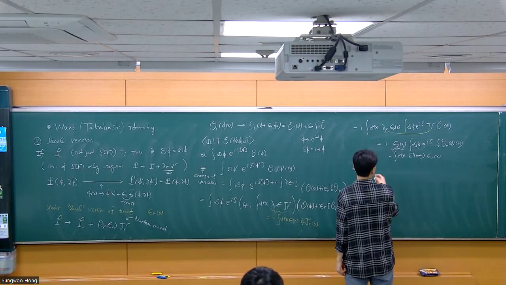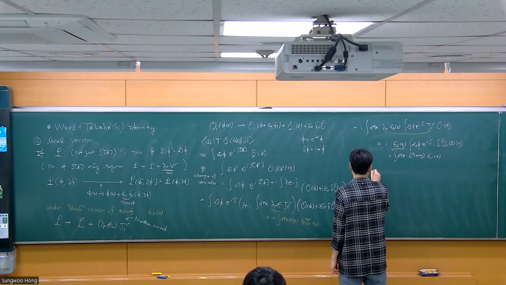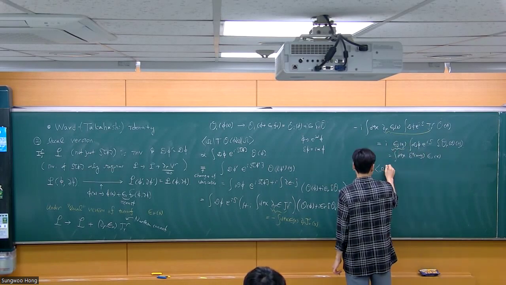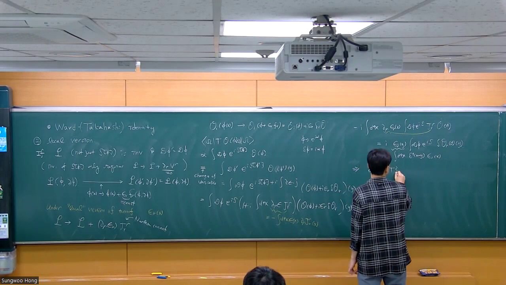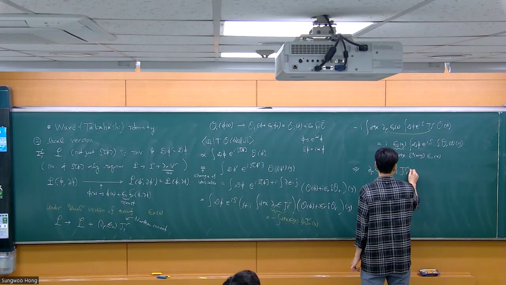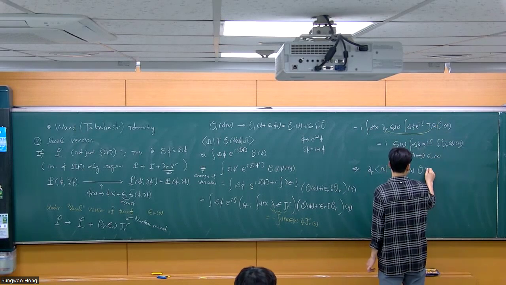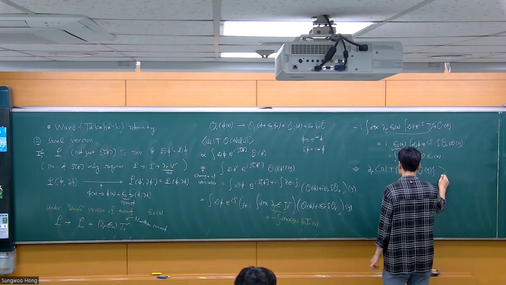First of all, the left-hand side is the derivative of the vacuum expectation value of the time-ordered correlation function of j at x, remember this is at x, and the operator at y. That's the left-hand side.